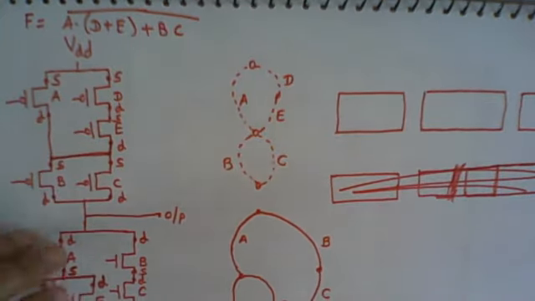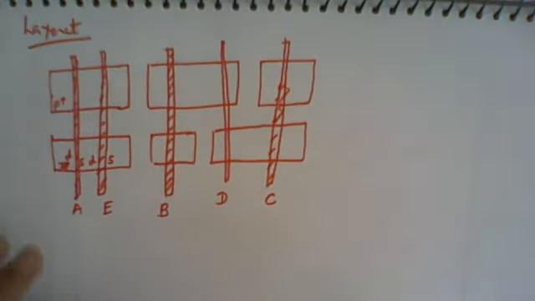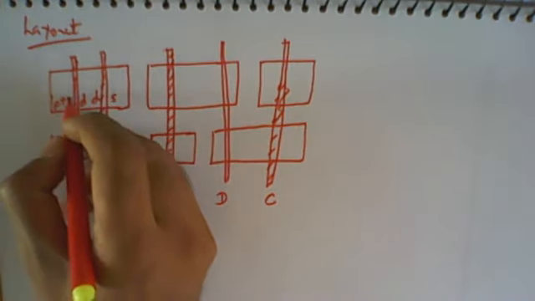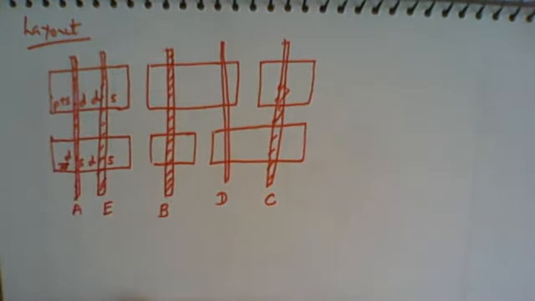So we can say this one is the drain of A and this is the drain of E. So remaining is the source, right?